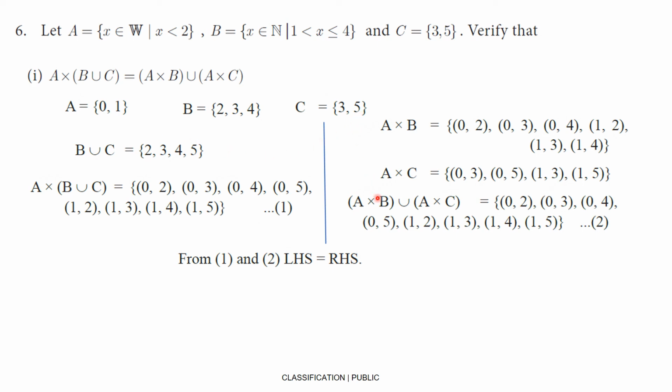So union means join them, any repeated ordered pair you leave it. (0,2), (0,3), (0,4) you write it. Next (1,2) also write it, (1,3), (1,4). What are the left elements here? (0,5), okay, and (1,5) also.